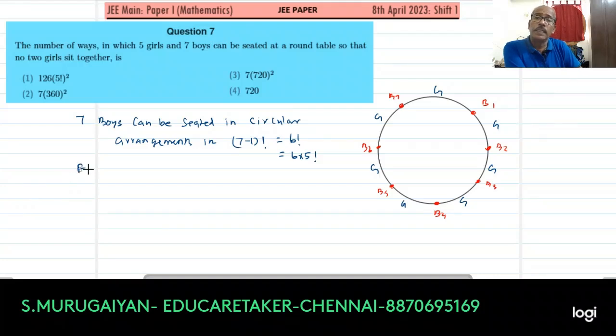For the remaining 7 places, the 5 girls have to be arranged.